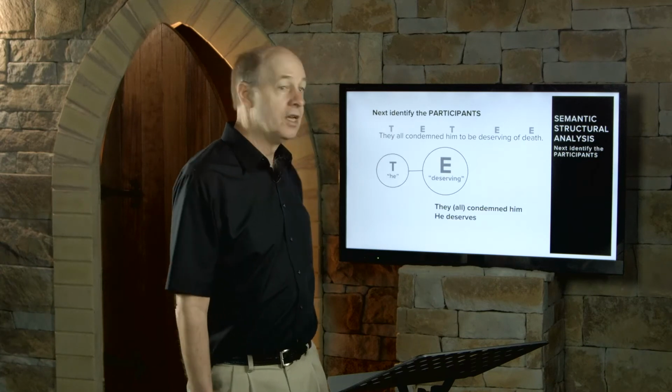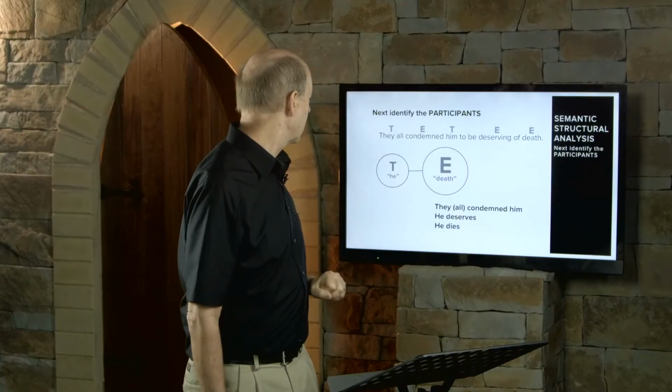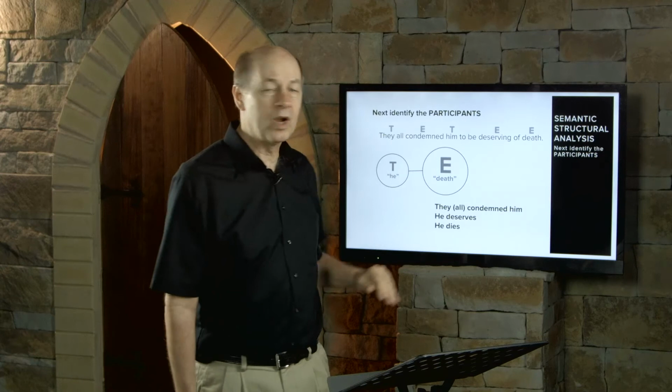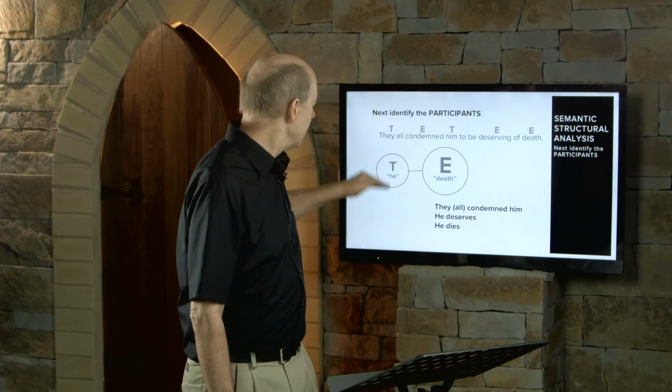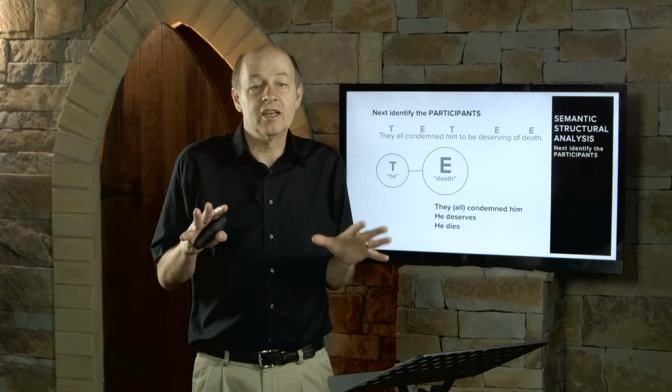The next one, deserving: he deserves. And then the third one is death: he dies. So he is the thing concept associated with it. Now, when we look at these three event propositions, they all condemned him, he deserves, he dies, they sound very disconnected.